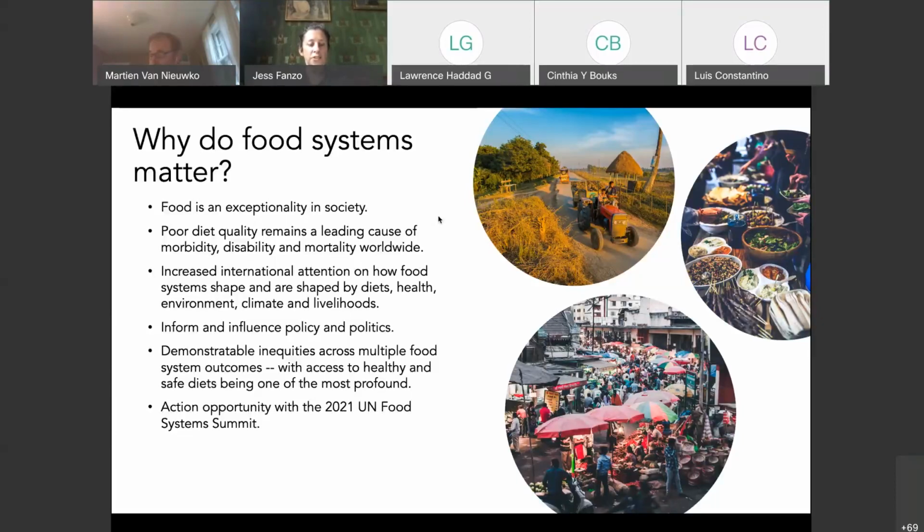But luckily, there's increased attention towards food systems. There's a lot of international development geared towards trying to improve food systems because they're so vital for diets, health, environment, climate, and livelihoods. And we're seeing a real uptick in the attention being drawn to food systems.